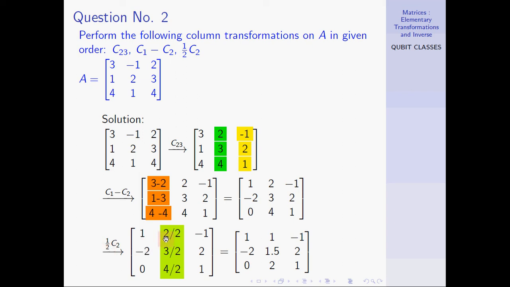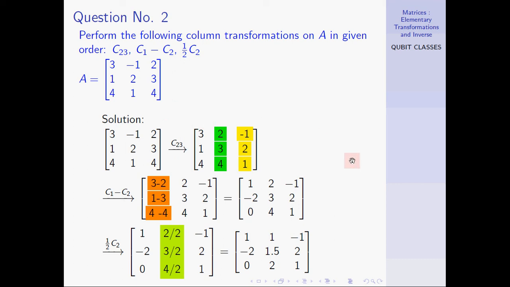So the first element will be 2 by 2 which is 1, the second element will be 3 by 2 which is 1.5 and the third element will be 4 by 2 which is 2. So we have successfully performed these transformations C23, C1 minus C2 and 1 upon 2 C2 on this matrix A.